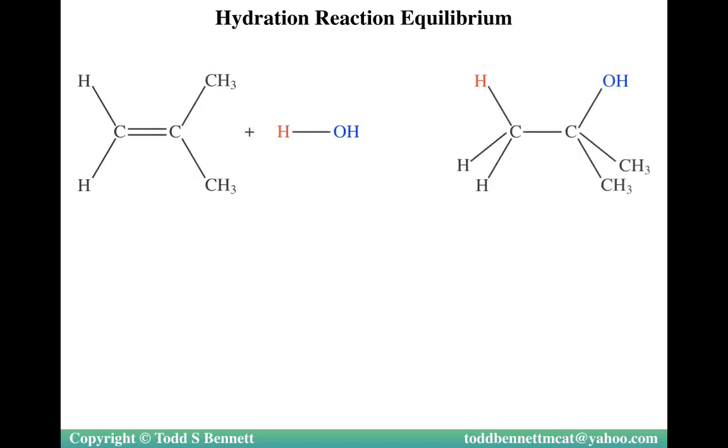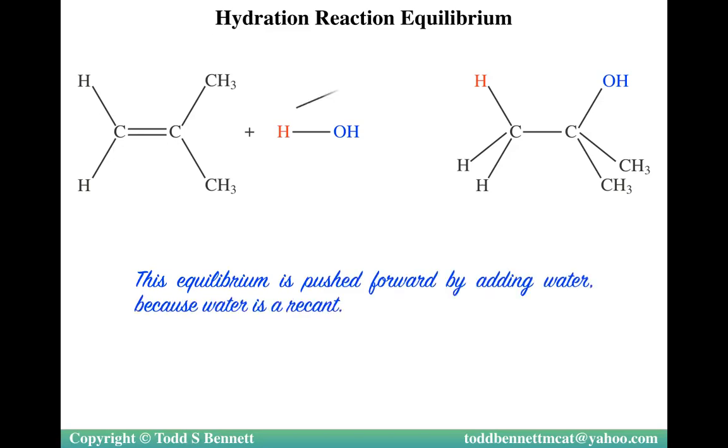Okay, so I want to continue on. The hydration reaction equilibrium is the same story as before, only this time I'm going to take advantage of the equilibrium not just with temperature, but also with the amount of water we put in. If you recall, equilibriums can be shifted by adding reactants.